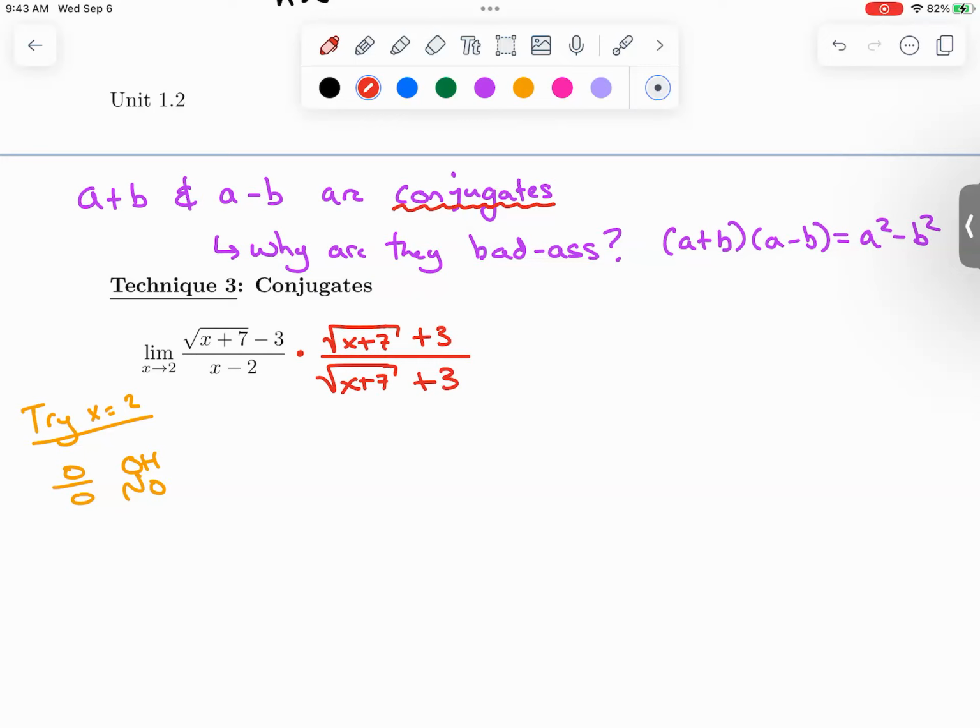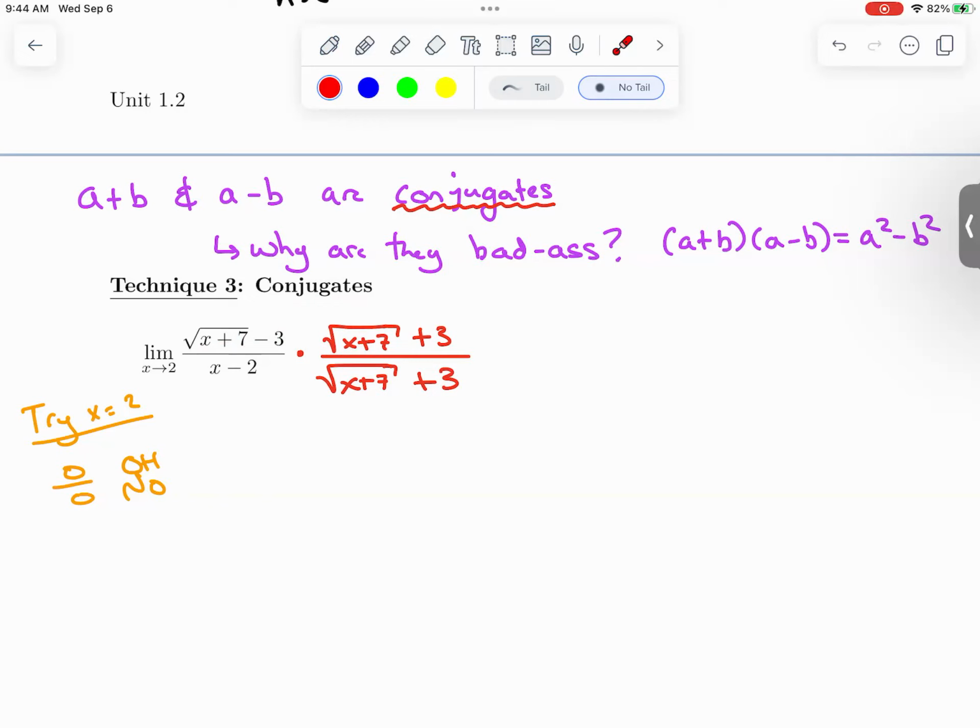And the reason why I wanted to mention this right here is to remind us that yes, you can, in theory, spend the painstaking hours of doing the foiling here, right? Foil these together. And you can write that down, but it's really unnecessary because when you multiply conjugates, you just square the first term and then subtract the second term squared.